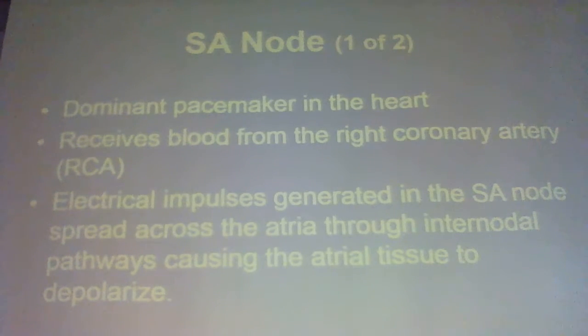Our normal P wave in lead 2 is a nice round upright P wave, right? Our atrial depolarization is blurred in the middle, and so that's why it's nice and round.